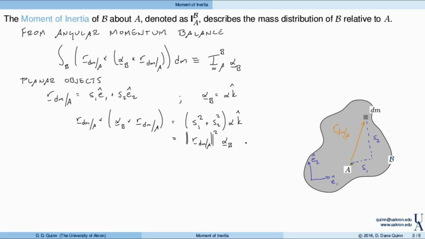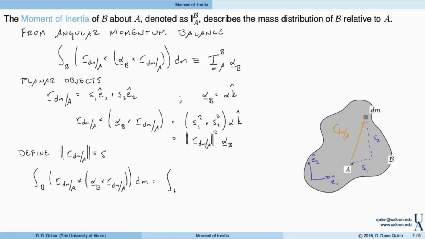So now, just a little bit of notation. Let's define this magnitude as simply s. So that this integral, the moment of inertia, r cross alpha cross r, simply reduces to this integrated over the body.